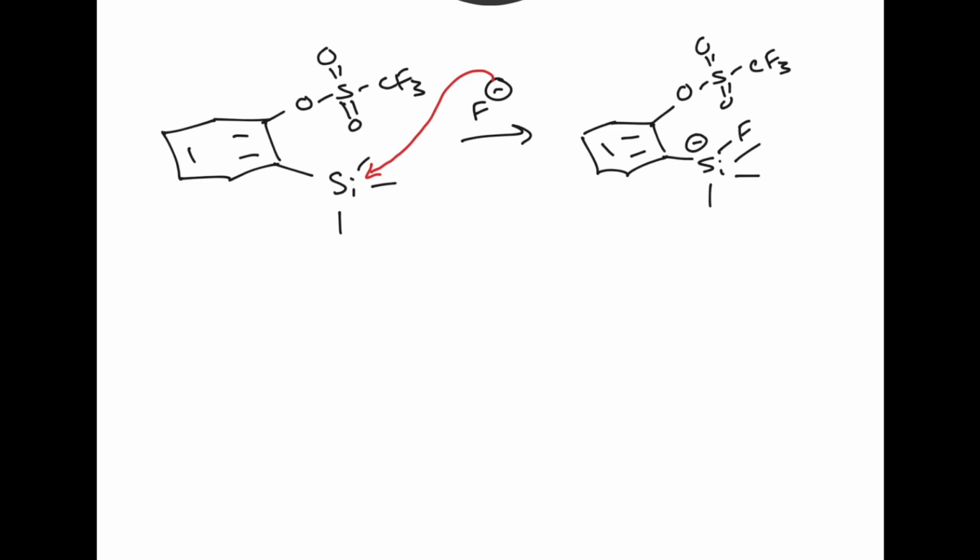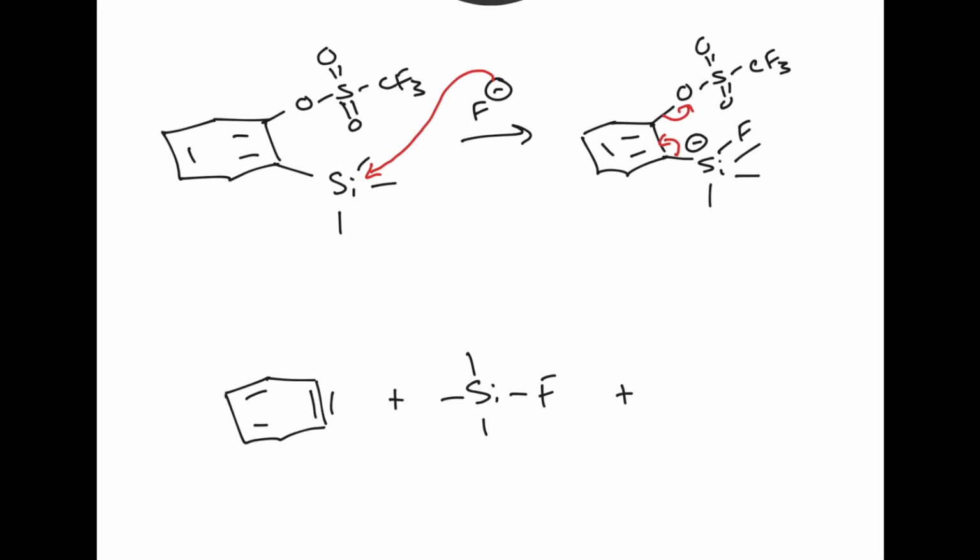And the best thing for it to do is to have its electrons come down and push the triflate off of the aromatic ring. So you have this really good leaving group beside it, so it's like, fine, take my electrons and push that thing off. So that gets you your benzyne, plus you get this trimethylsilyl fluoride, which isn't going to react with benzyne.